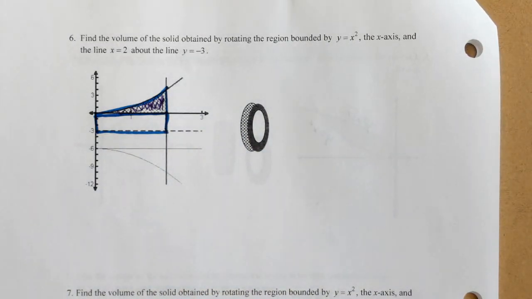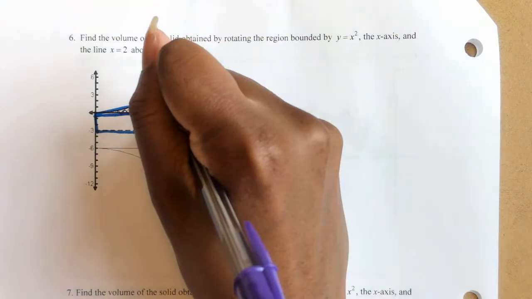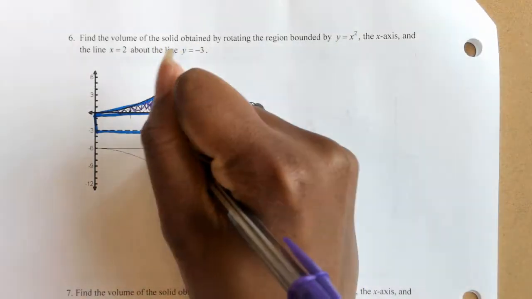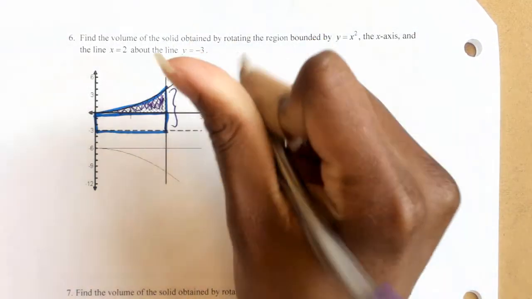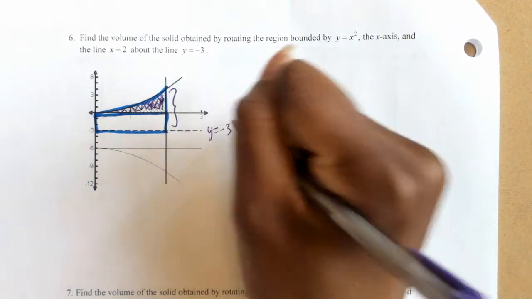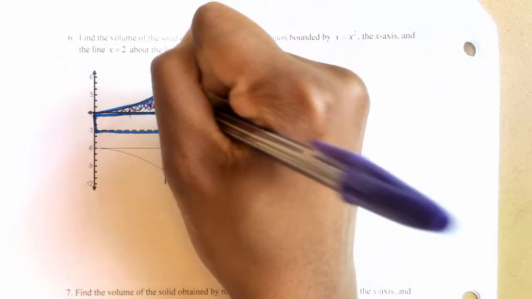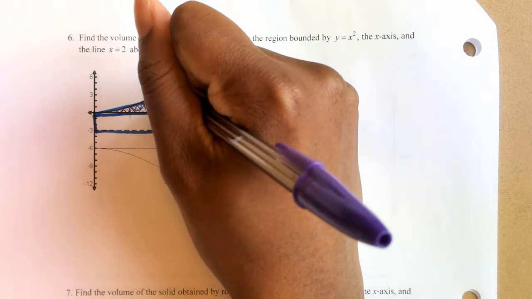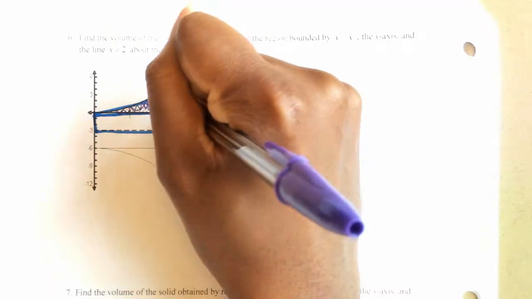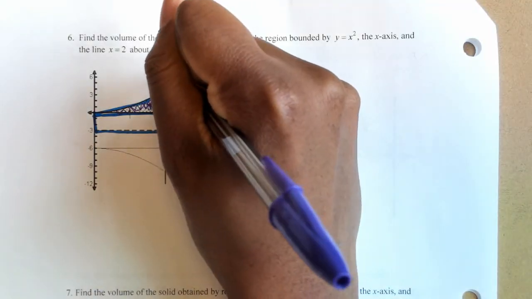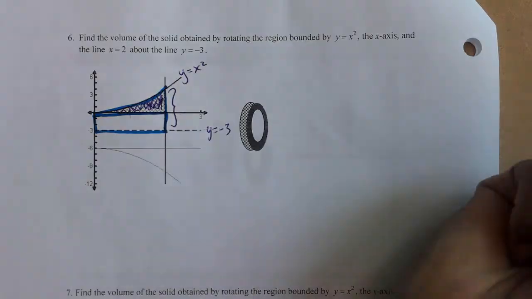Okay, so we're still looking for our big R and our little r. Now, in this case, since we're rotating over the line y equals negative 3, our big R is actually this whole space from y equals x squared.